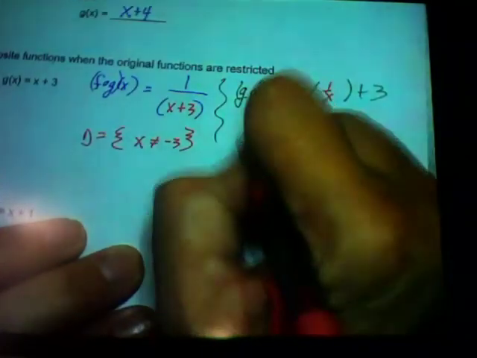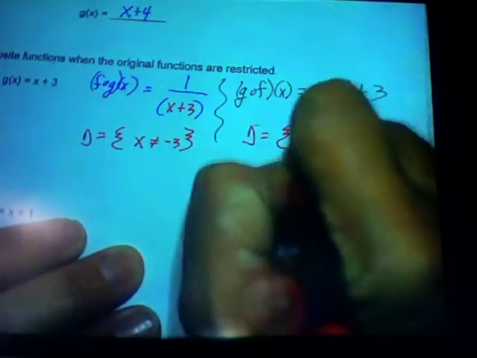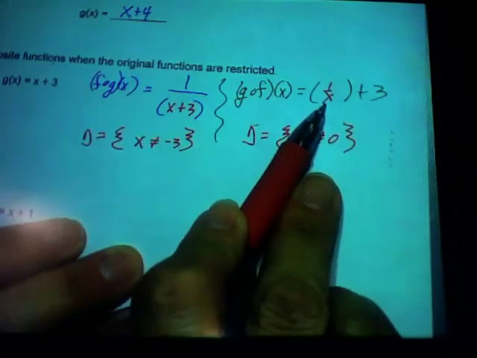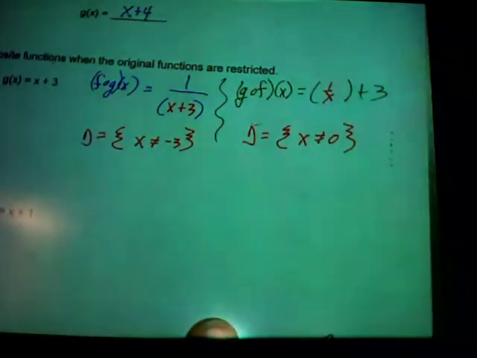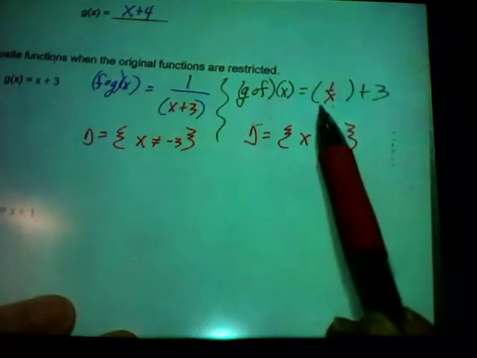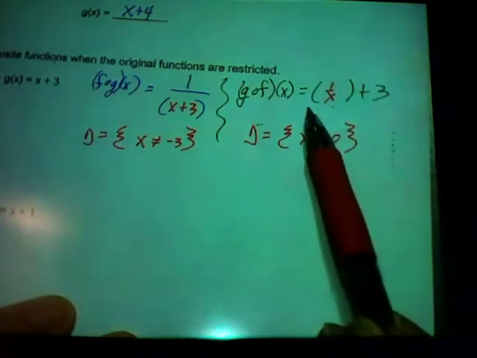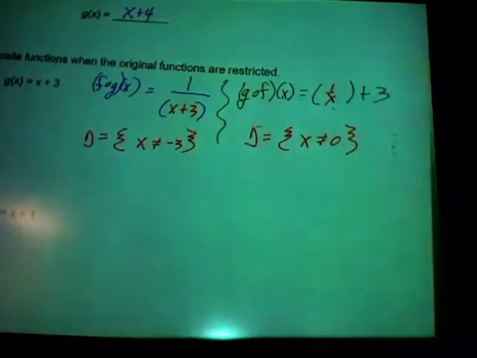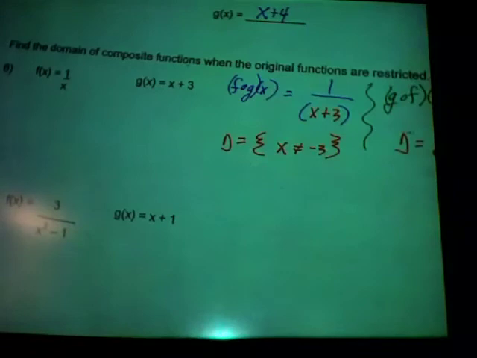Yeah, so the restriction on the domain is that x cannot equal 0, right? Because that would make that denominator 0. But then it's still 3, so why can't? 1 over 0 is undefined. Yeah, but plus 3. It doesn't matter. Oh, yeah. If you've got something undefined, how do you add 3 to it? Does that make sense? Yeah. Right. All right, so then look at number 7 and do f of g and g of f for that.